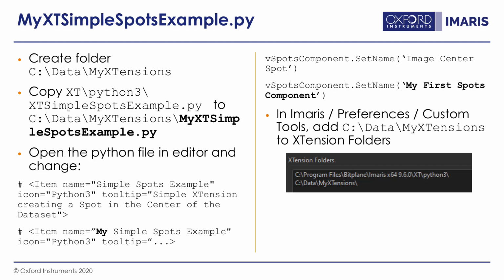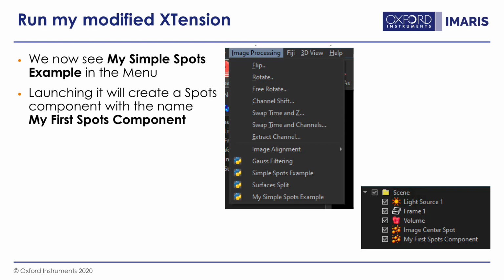Then open the Imaris Preferences, Custom Tools, and add this folder C:\data\my extensions to the extensions folders. If you now go to the image processing menu again, you'll see that there is a new extension called my simple spots example.